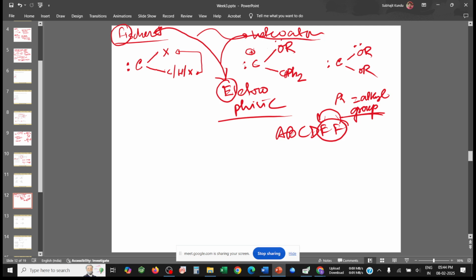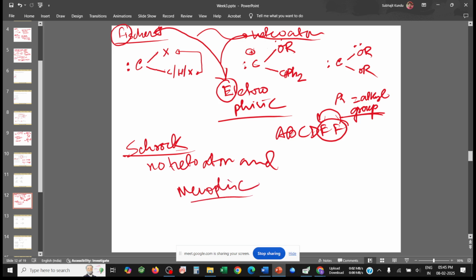So Schrock type carbene is nucleophilic in nature. It doesn't contain a heteroatom. The Schrock has no heteroatom, and it is nucleophilic.